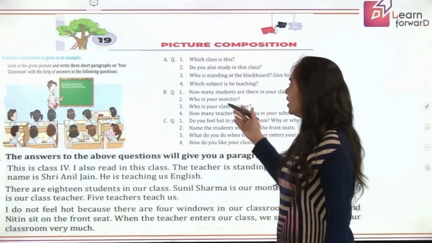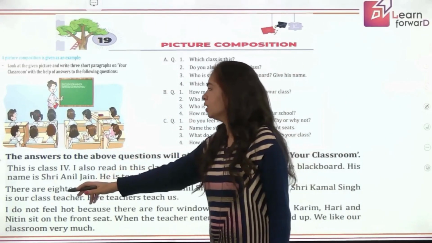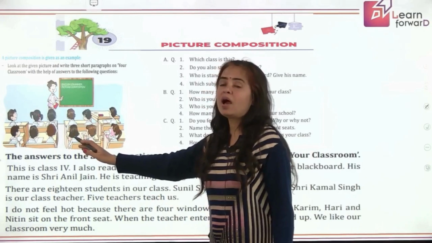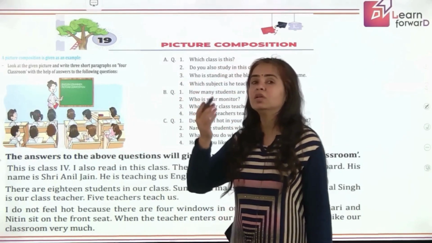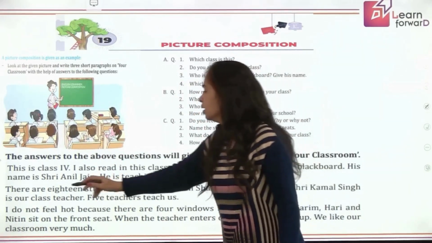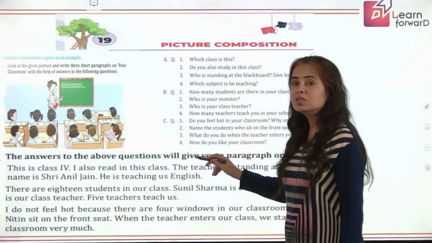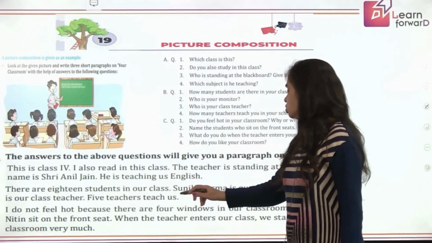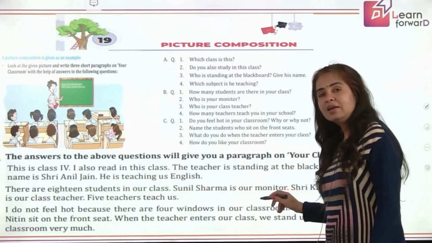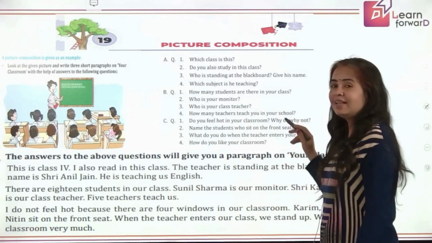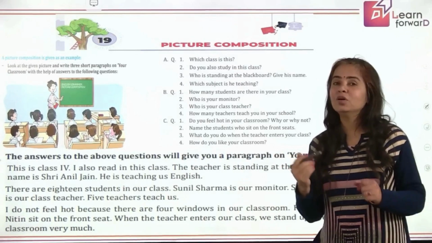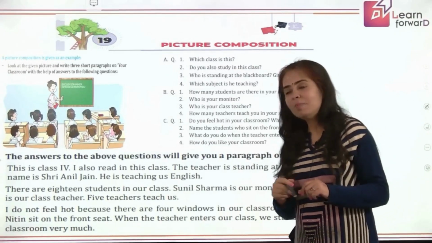Now coming to the next paragraph, how many students are there? Here you are not going to count, you have to give the number of students in your class. There are 18 students in our class, and who is the class monitor out of them? Sunil Sharma is our class monitor. And then who is your class teacher? You know your class teacher is like your mother. Yes.